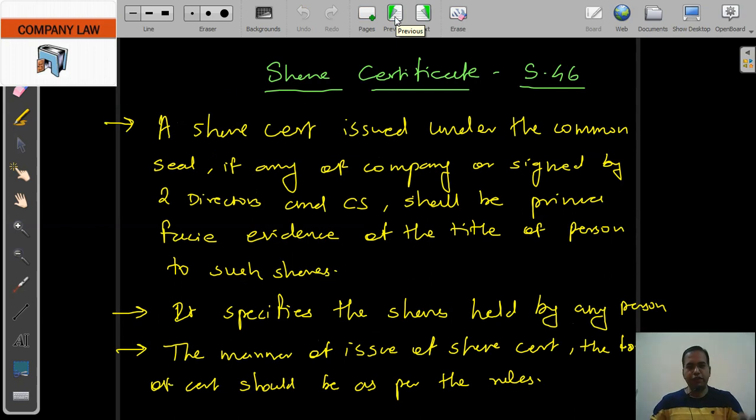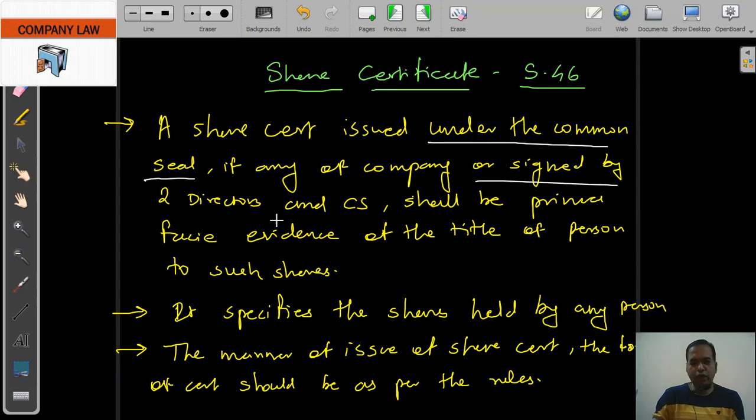So share certificate provisions are given under section 46. So the first point says that a share certificate is issued under the common seal. Normally share certificates are issued under the common seal of the company by the signatures of two directors of the company, and if a company secretary is appointed by the company, then he also can sign on the share certificate, and it becomes the prima facie evidence that the person to whom the share certificate is issued is the shareholder of that company.